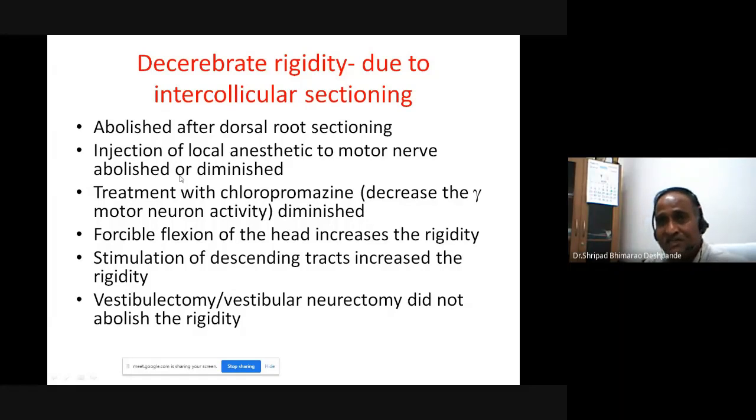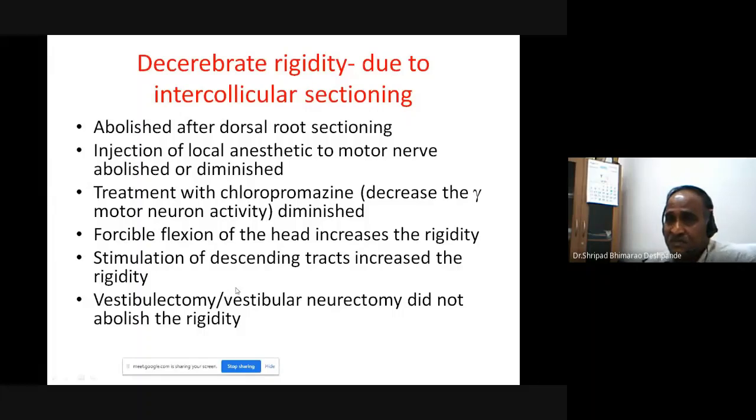So that is 1, 2, 3: cutting the dorsal root abolished it, local anesthetic abolished it, chlorpromazine abolished it. Then he said that it is because of the increased gamma motor neuron activity. Sherrington also did another experiment: he forcibly flexed the head, and because of the neck reflexes, the tonic neck reflexes, this will increase the rigidity.